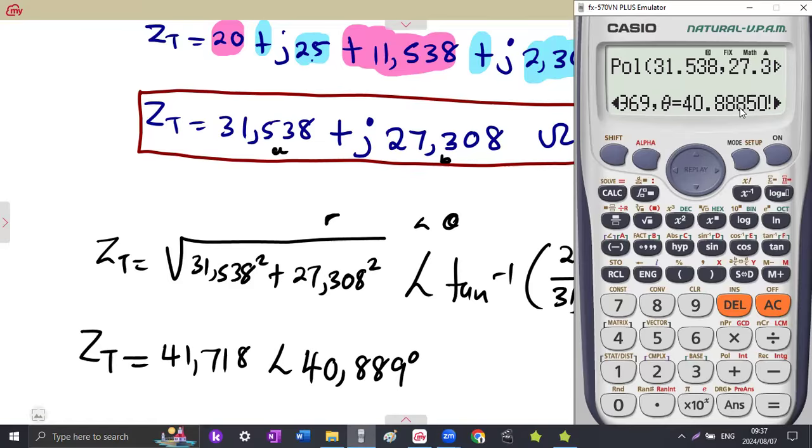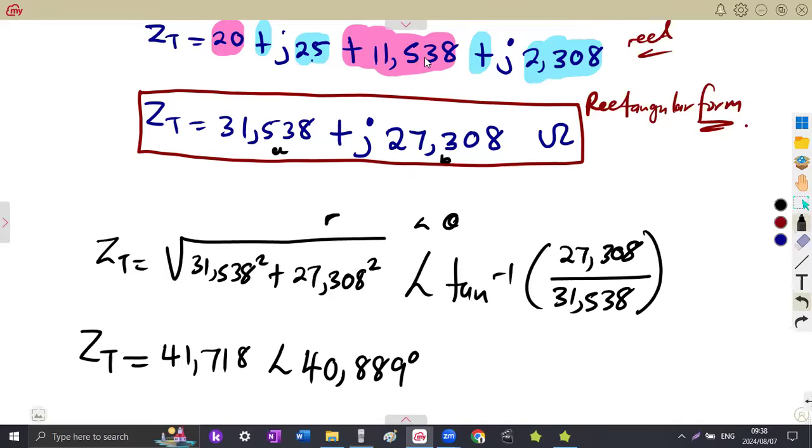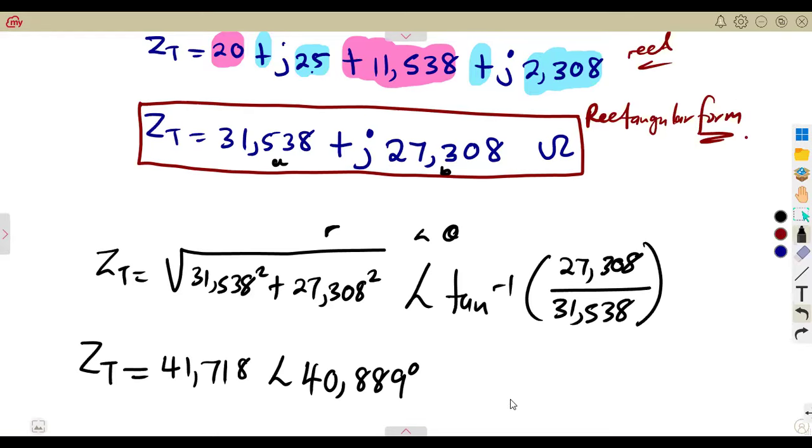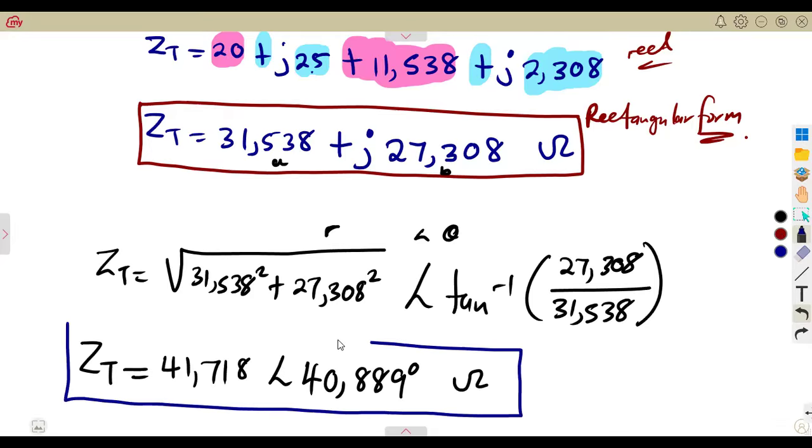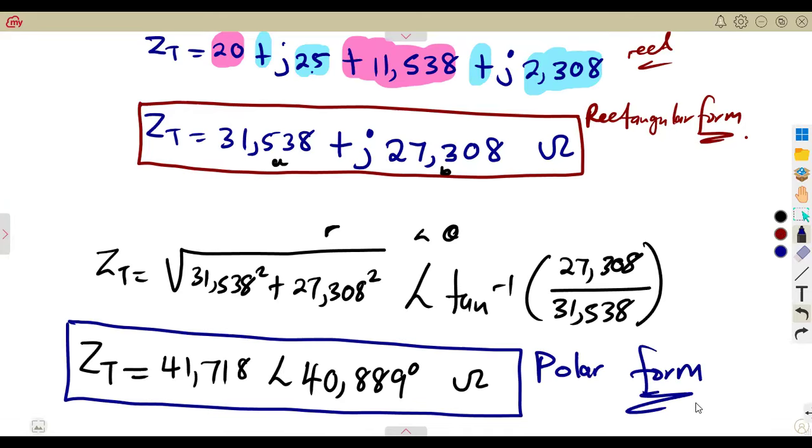Depending on the rounding off, how are you rounding off your answers? If you're using 3 decimal places, this is what you're going to have, representing your total impedance in what? In polar form. So this is given in polar form.